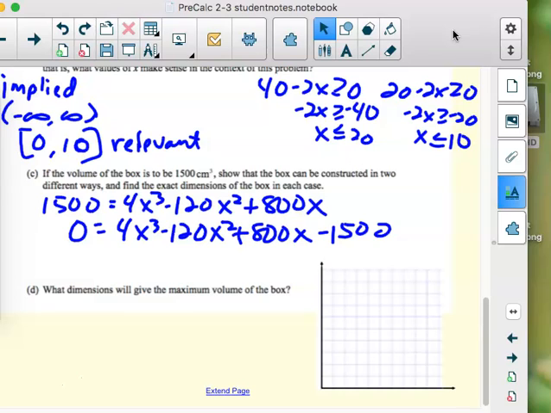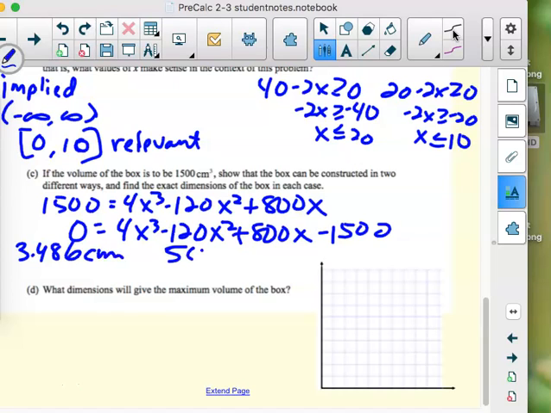So the dimensions that would give us that 1500, the first one was a decimal, 3.486, and this was in centimeters, and the other one was a perfect 5 centimeters, but it did say give the exact dimensions.